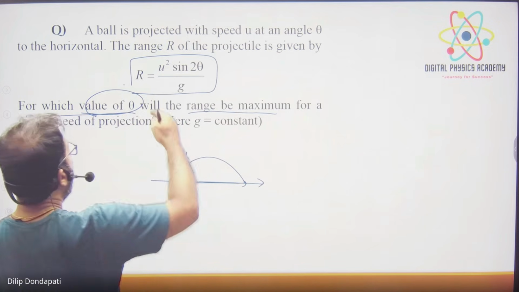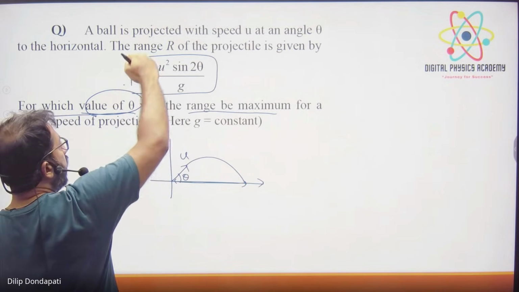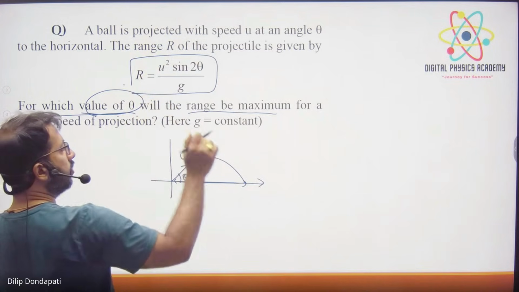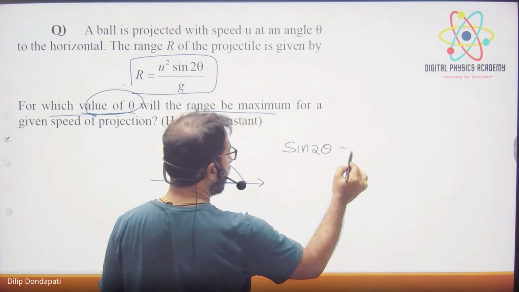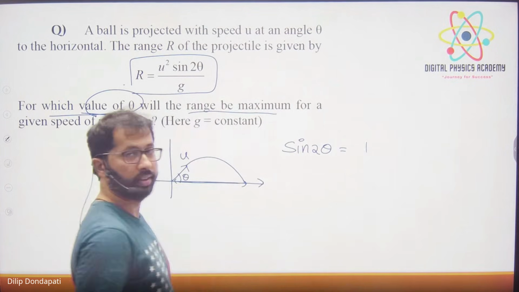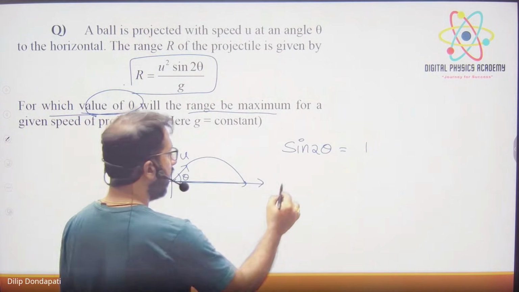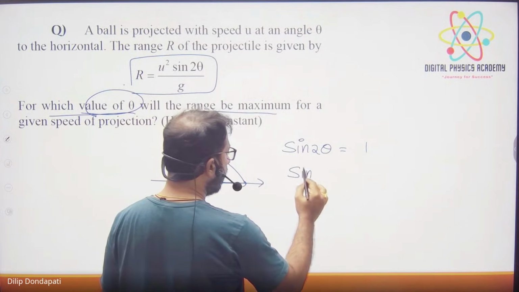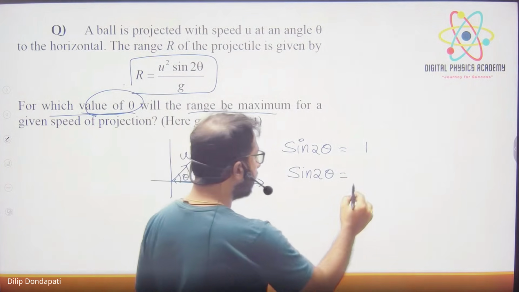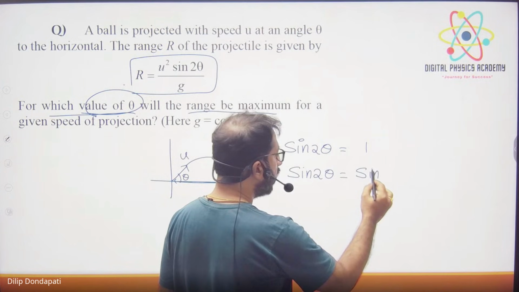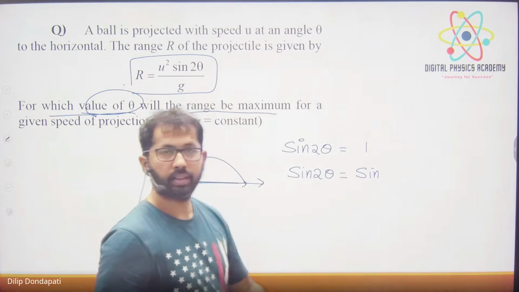Look, to get R maximum, sin 2 theta should be maximum. What is the maximum value of sine? It is 1. I can write sin 2 theta equal to 1 as sin 90, since sin 90 is 1, right?